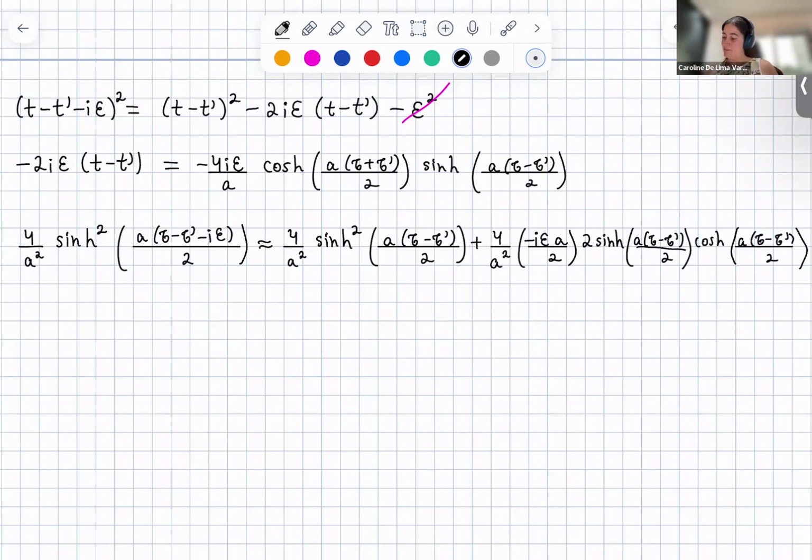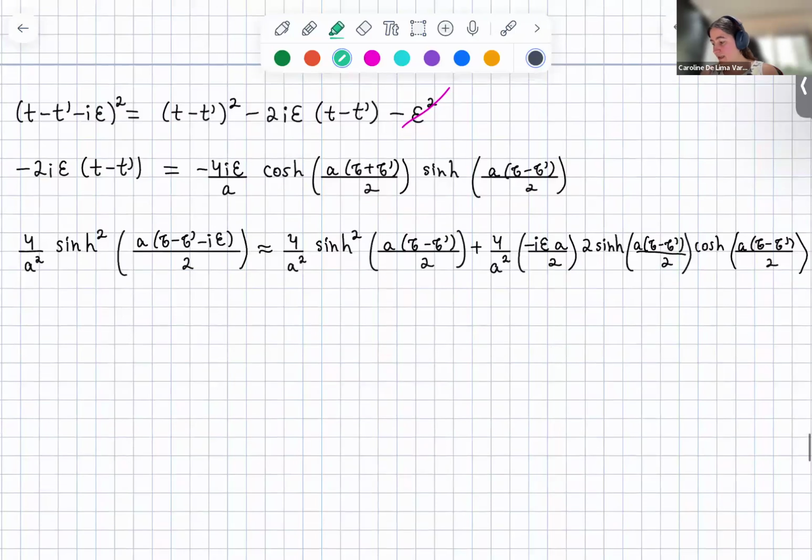It's a bit ugly, but if you notice, there's a small difference here. Let me simplify a little bit more. This is going to be equal to just the first term.